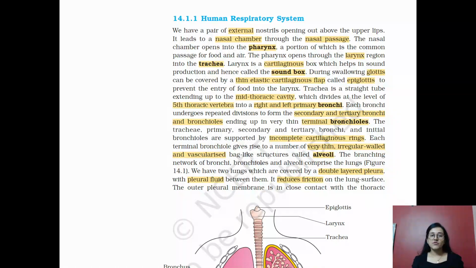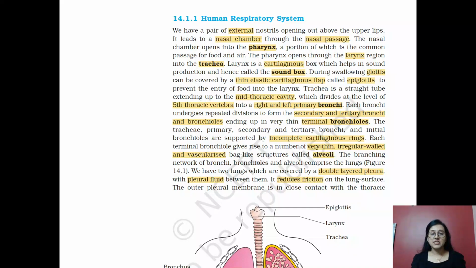So up to this, what we have learned is the initial respiratory pathway, which starts from the external nares or nostrils and goes through the nasal passage to a nasal chamber, which then opens into a portion of pharynx known as nasopharynx, and then it leads to another portion of pharynx known as oropharynx, and it is a common passage for both food and air.